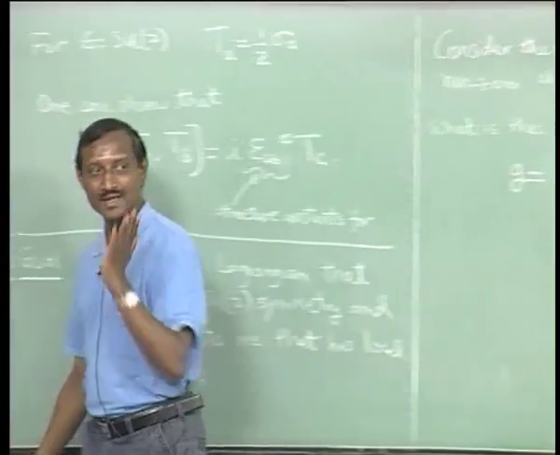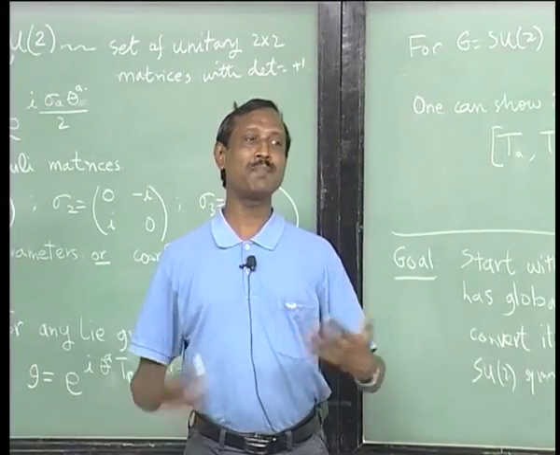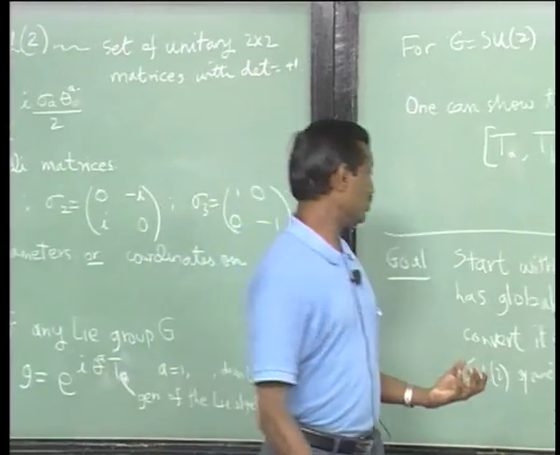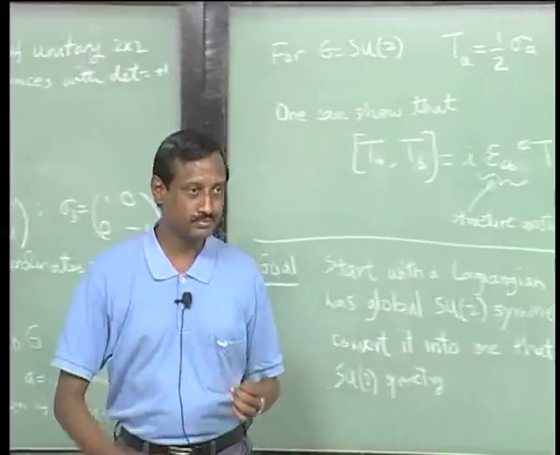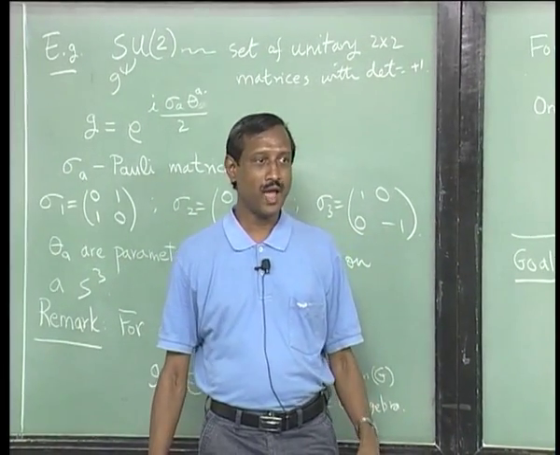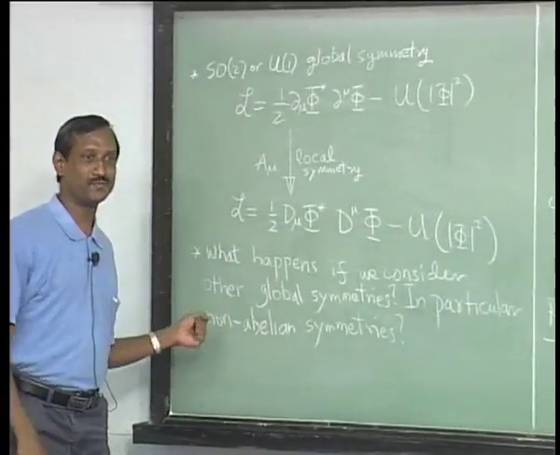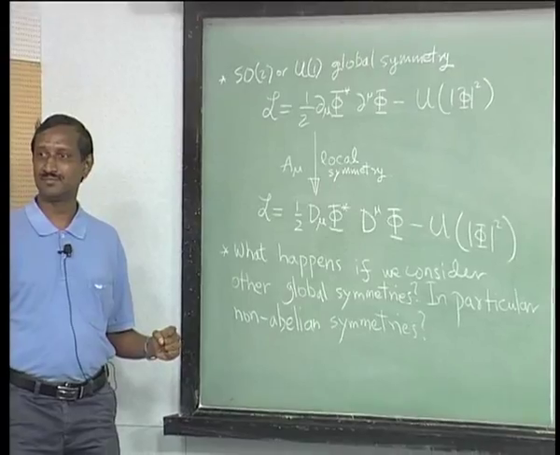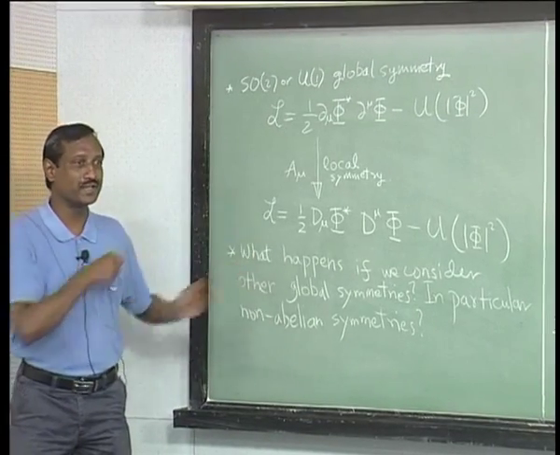Now, what I can do in my mind at least is, first step, consider this global symmetry and try to make it local. And then this looks exactly like the problem we have already solved, modulo some details of working things out.